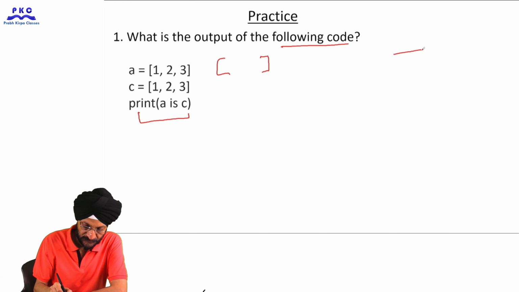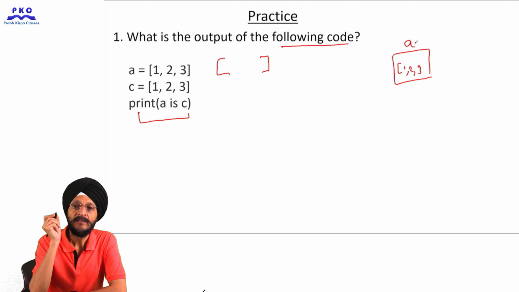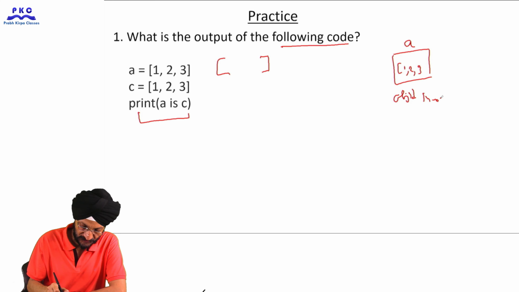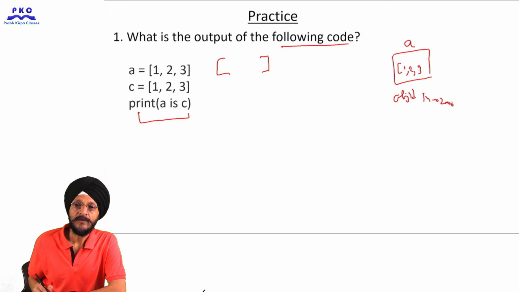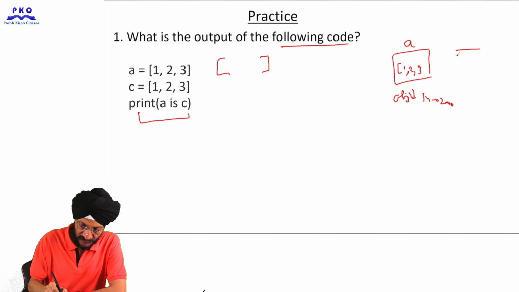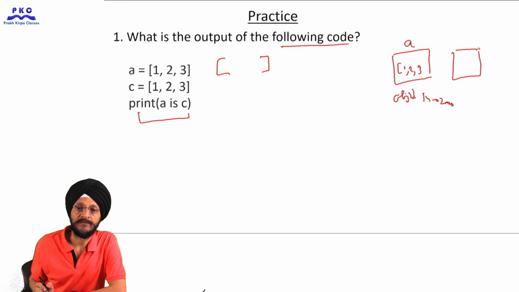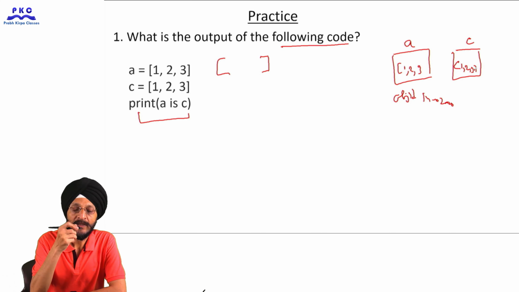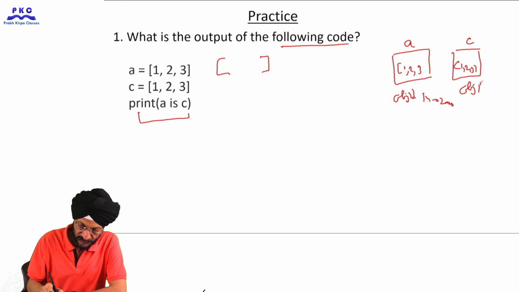In the case of lists, each assignment creates a new object in the memory. It means that suppose this information is contained here and it is a variable A and its object ID may be something like 14,200. But when we create another list with the same values, the object ID will be different.